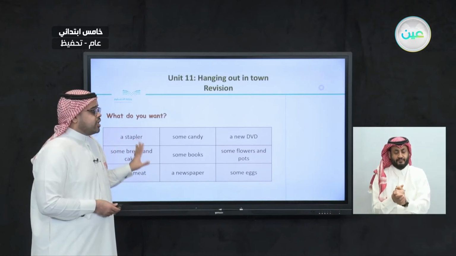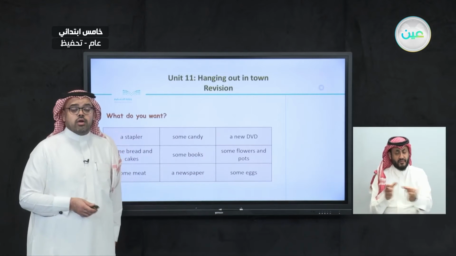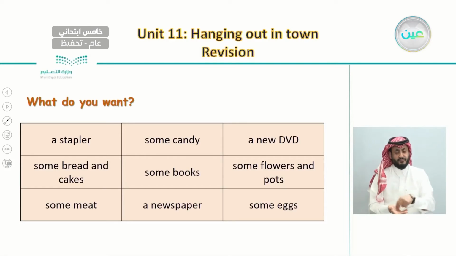So here we have a list of different things we can buy from these stores. For example, we have the stapler, which we can get from the stationery store, some candy from the candy store, a new DVD from the DVD store, some bread and cakes from the bakery, some books from the bookstore, some flowers and pots from the flower store, some meat from the butcher shop, and used paper from the bookstore, and also some eggs from the supermarket.